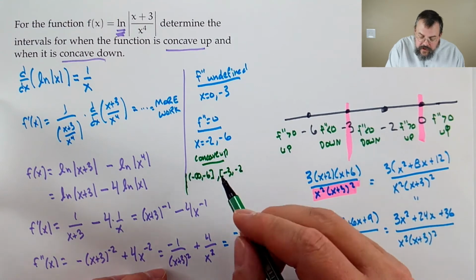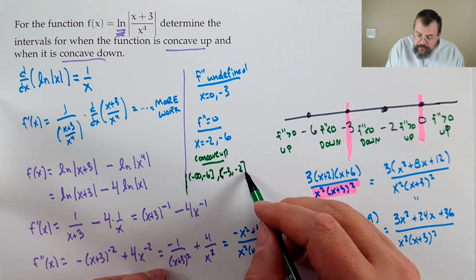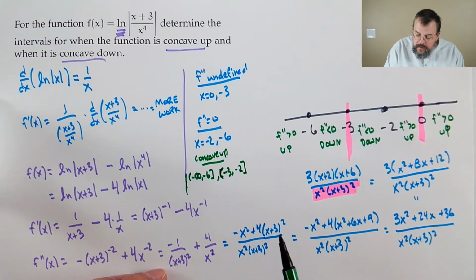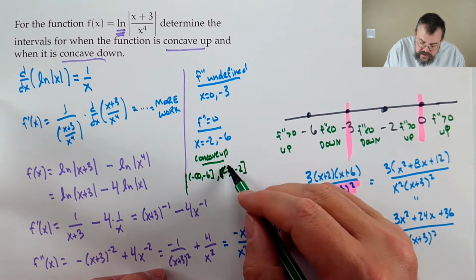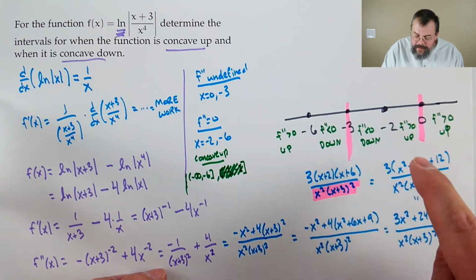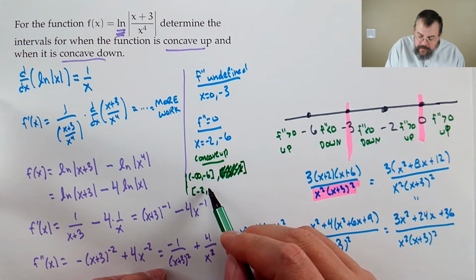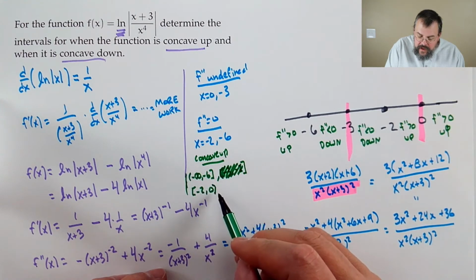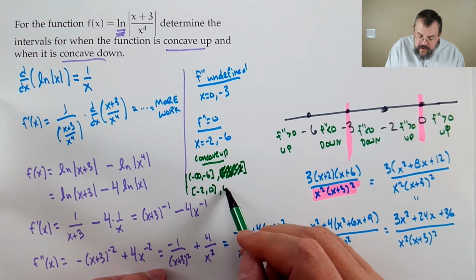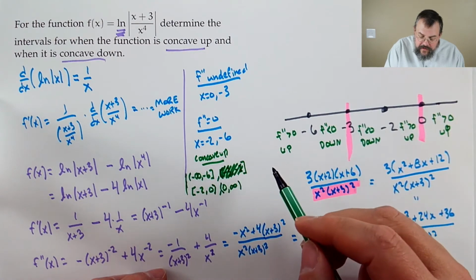And, oh, -3 should be a parenthesis because that's not a point of our function. That's not up, sorry. Here's up. So, from -2 up to 0. And from 0 all the way to infinity. Okay, so there's our concave up.